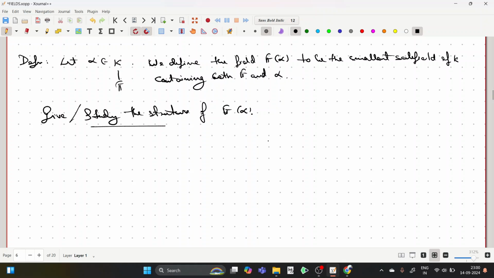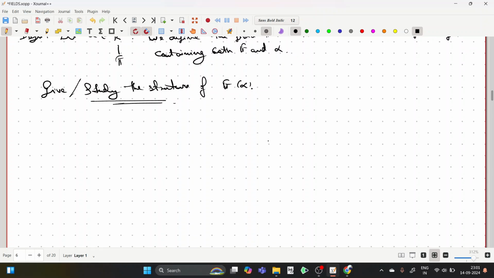Okay, and how do we do this? So let me just start with it. Now when we were studying the example, we started with an element which is algebraic over Q. So in this case we will also do the same. So let alpha belong to K, an extension of F, be algebraic over F. Clear?